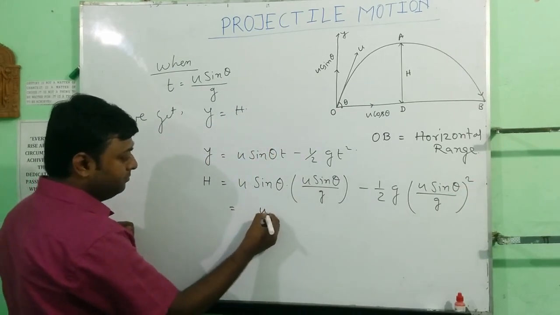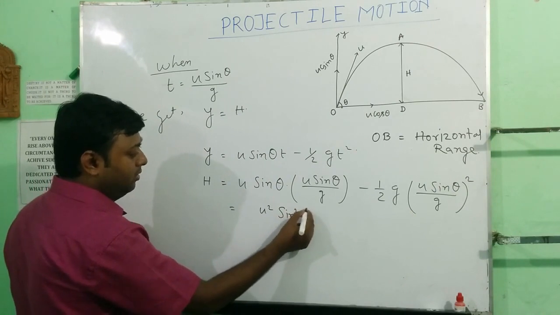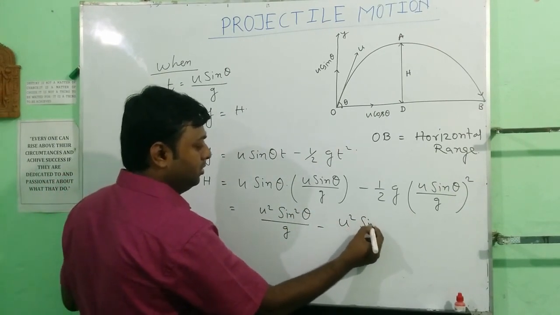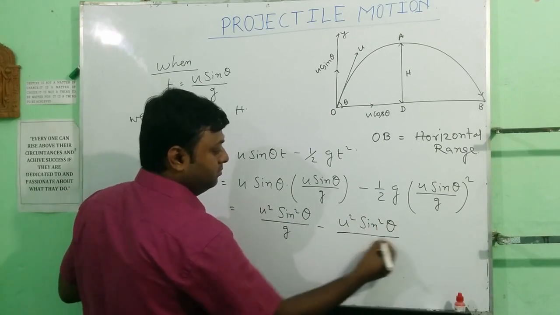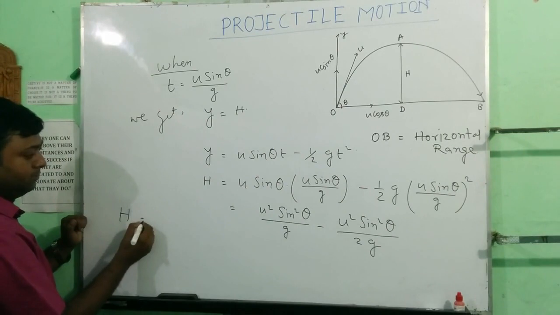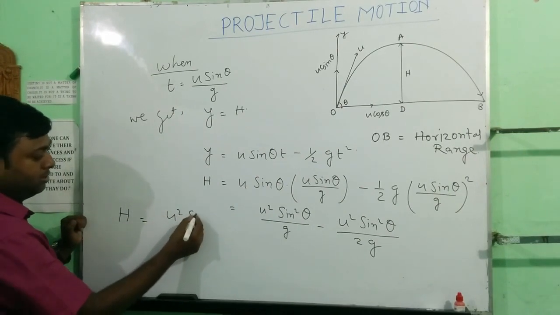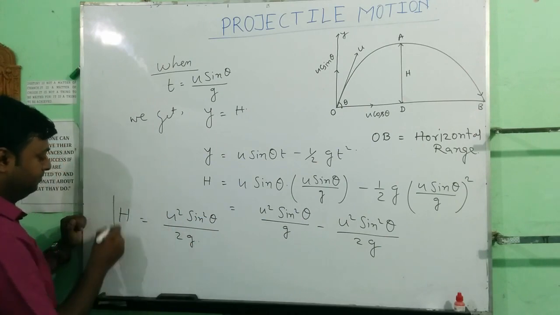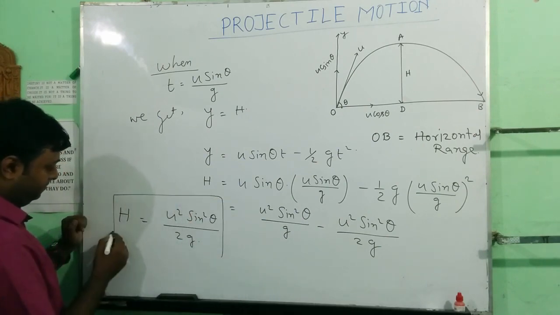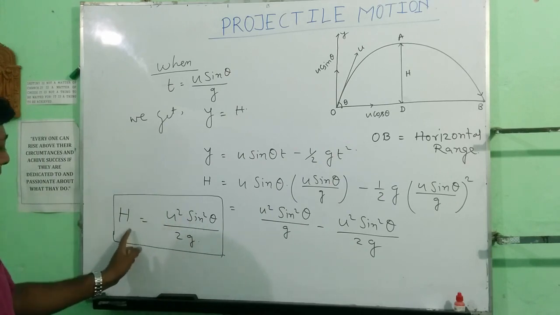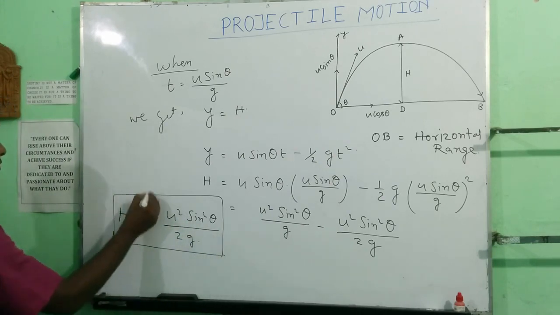That is u square sin square theta by g minus u square sin square theta by 2g. That is height h equals to u square sin square theta by 2g. This is the height h.